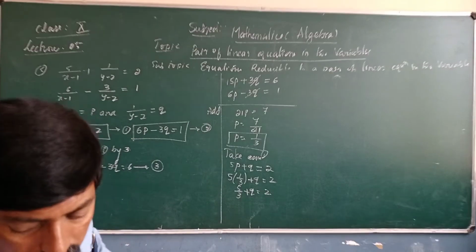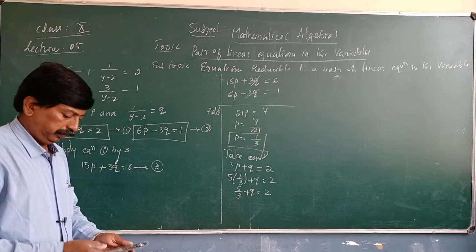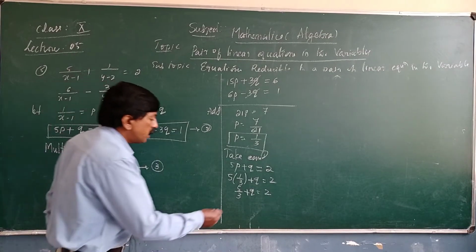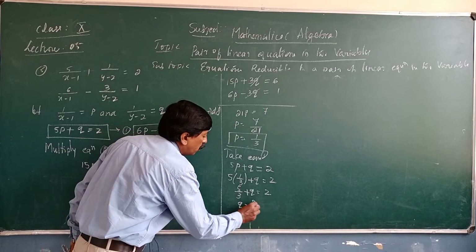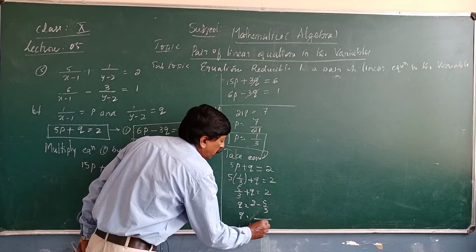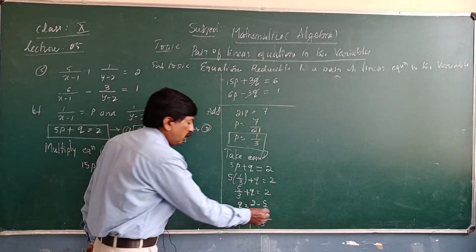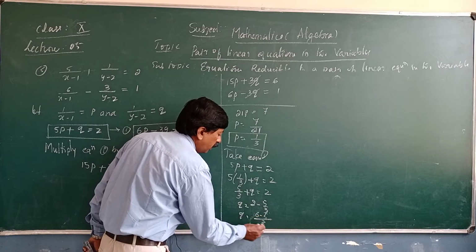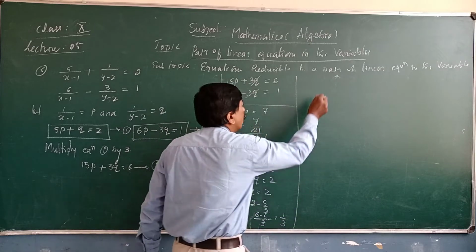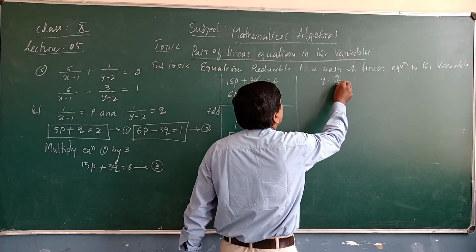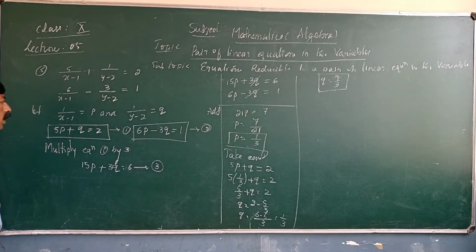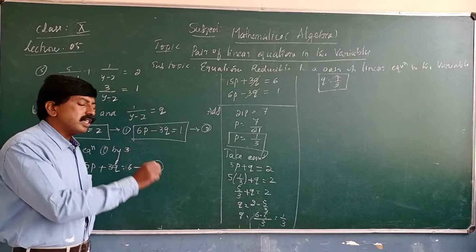So q is equal to 2 minus 5 by 3. Taking 3 as the LCM, 3 2s are 6 minus 5, which is 1 by 3. Therefore q is equal to 1 by 3. P is 1 by 3, and q is also 1 by 3.